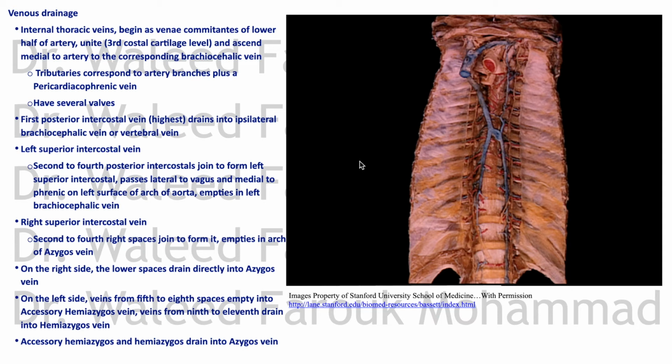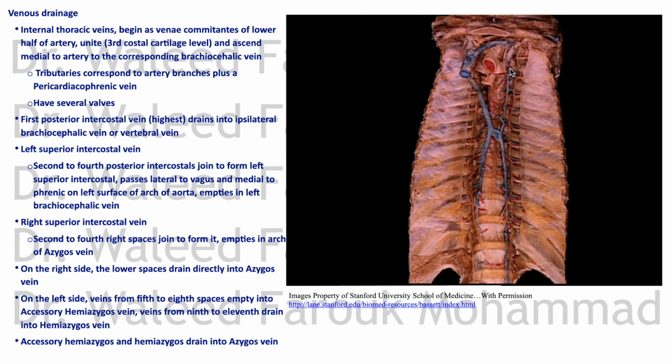The first posterior intercostal vein is called the highest intercostal. It drains into the ipsilateral brachiocephalic vein, while the second, third, and fourth spaces are taken up by the superior intercostal vein on the right and on the left.